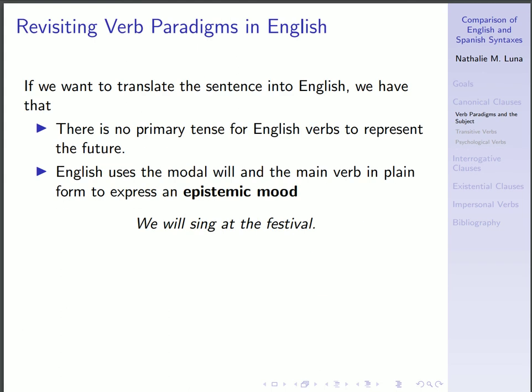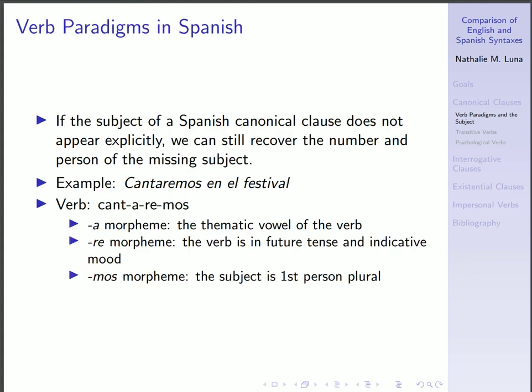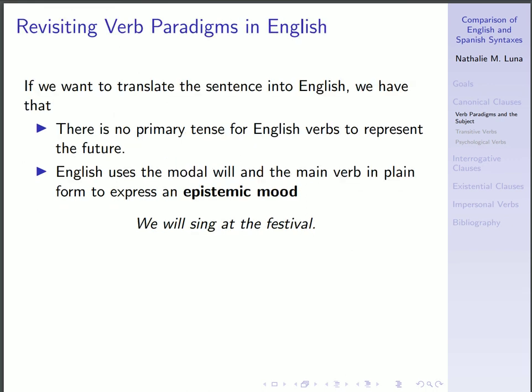So if we try to bring that back into English, if we try to translate this sentence into English, the first thing that we run into is that there's no primary tense for English verbs to represent the future.